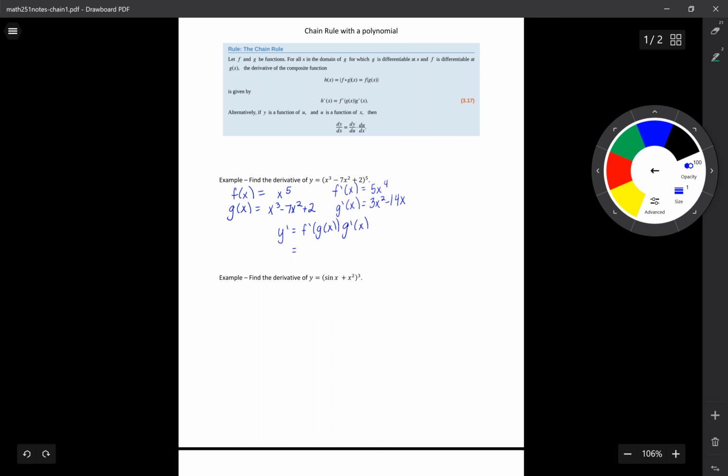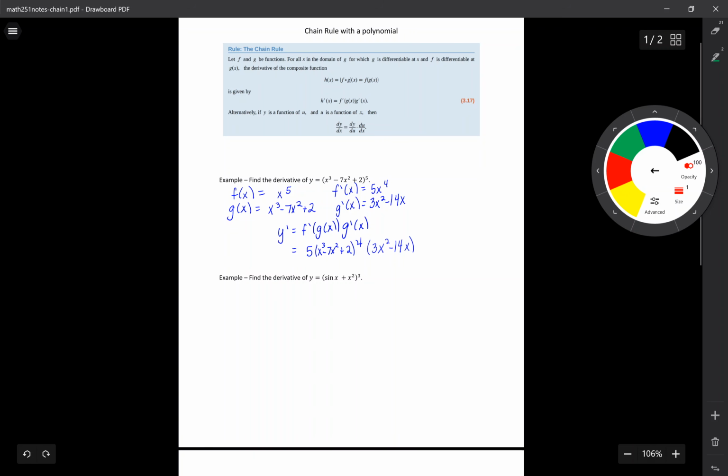So f prime is 5x to the power of 4, but I'm not asking for f prime of x, I'm asking for f prime of g of x. So I'm going to replace this x with the function g of x. So that's x cubed minus 7x squared plus 2, to the power of 4. So that is f prime of g of x, and then we multiply this by g prime, which is 3x squared minus 14x.